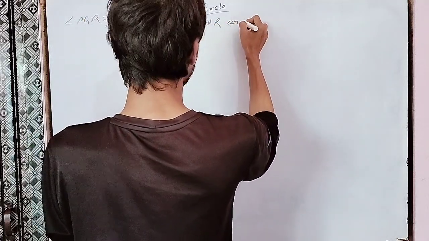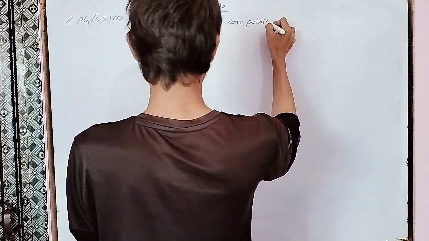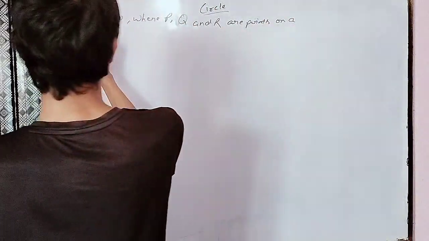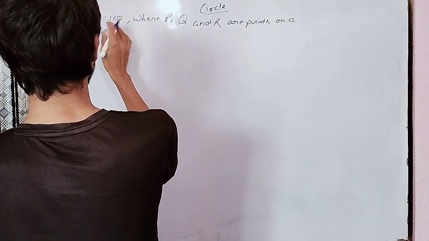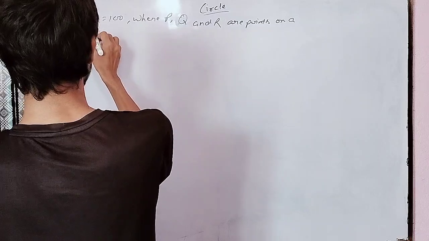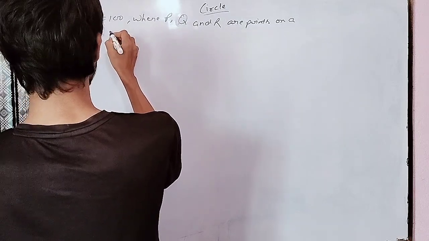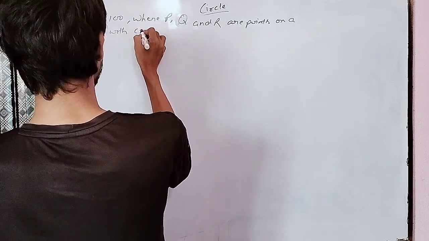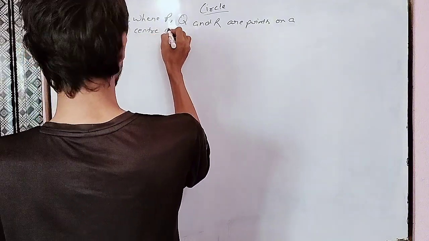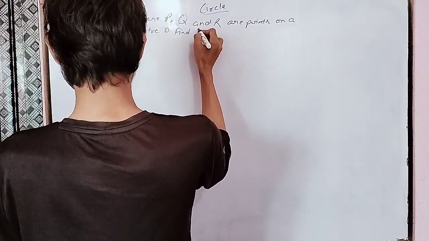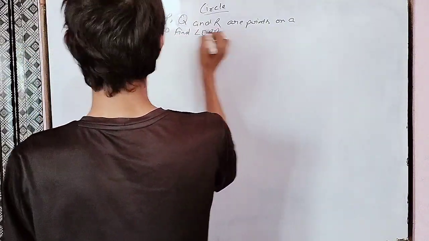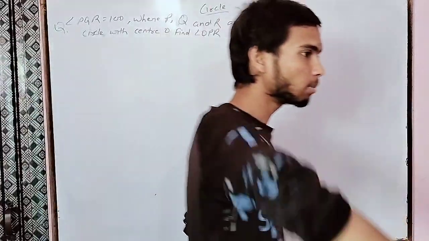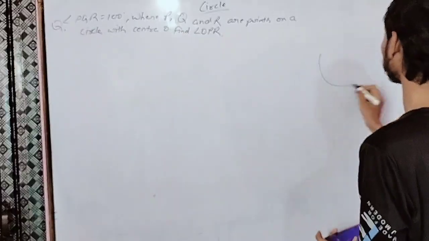So I am writing the question to understand. So this is the question, and the diagram is given by the question. We don't need to care about the figure. So the figure is like that.